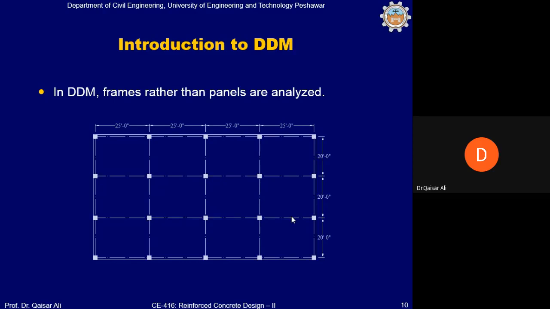So we can add 1 or 2 stories if we remove the beams, which will increase the revenue generation from the project and make the project financially more attractive. So the financial feasibility sometimes depends on the number of stories, because if there are more stories, more people can be accommodated and more revenue can be generated. So this is one of the reasons that we would prefer to use slab without beams.